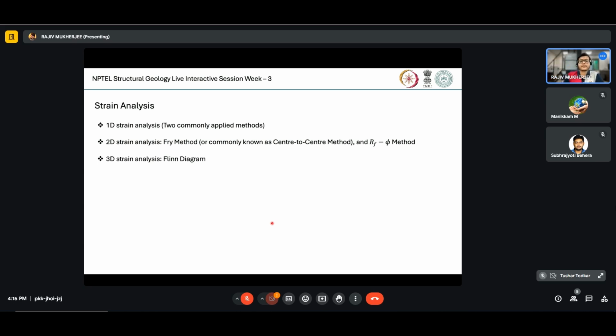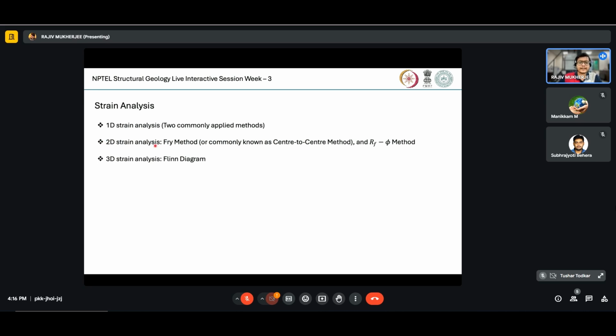So the analysis of strain can occur in three different dimensions. First we have the one dimensional strain analysis, which involves particularly studying the linear features on planar fabrics, right? By analyzing one dimensional strain, we try to estimate the amount of stretching or shortening that has taken place in a particular rock mass or a rock assemblage, right?